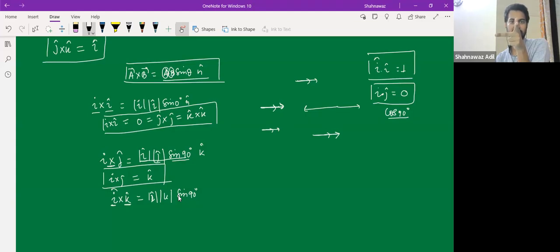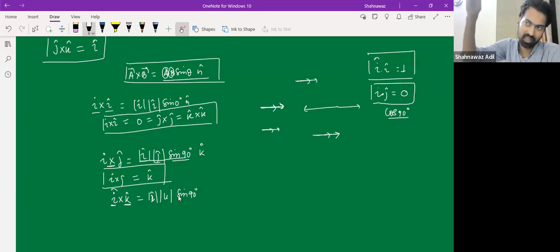What is the angle between I and K? It's 90 degree. Or you can just watch your room, the corner of your room. In the floor part, in the corner, you have this I, and then you have this J. And then the wall part, you have this height.